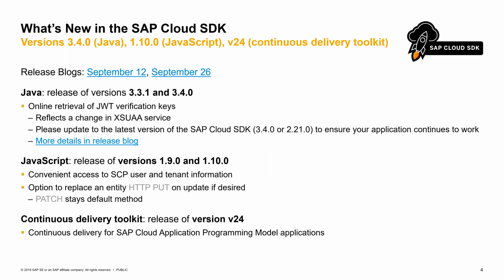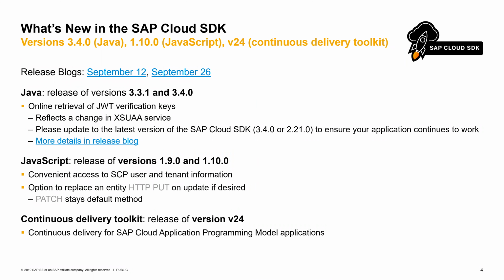That's equivalent to an HTTP put on update if you desire so. What was done in the past is HTTP patch, so to not replace it, but to change little bits and pieces in an entity, and this is still the default. So the default behavior does not change, but you now also have this new option to replace an entity fully if this is what you want.